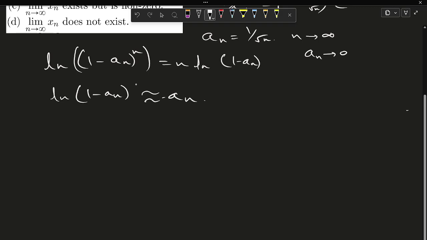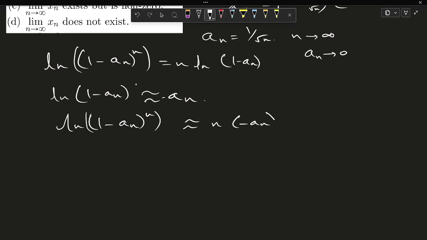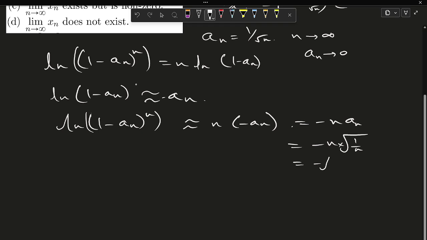Thus ln of (1 minus an) whole to the power n is minus n an, and since an is 1 by root n, that is minus root n.